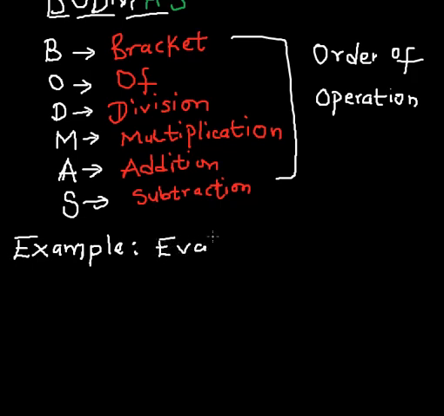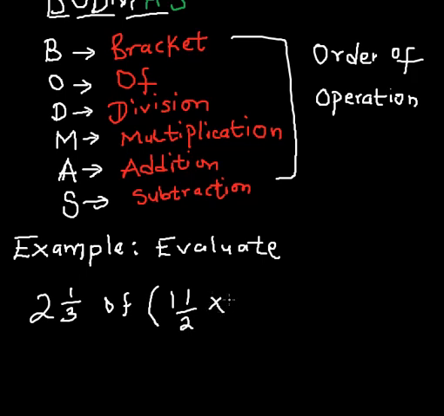Evaluate 200 by 1 over 3 of bracket open 1 by 1 over 2 times 1 all over 5 minus 3 all over 5, then plus 2 all over 7.